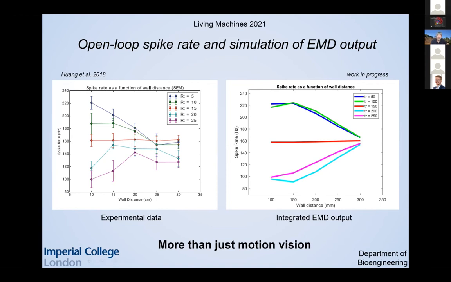Well, what can I say? This is not exactly a quantitative match. I would rather say that we have some qualitative similarities, but we are far away from an exact explanation of the behavior or the spike rate of the neuron on the robot just based on motion detection.